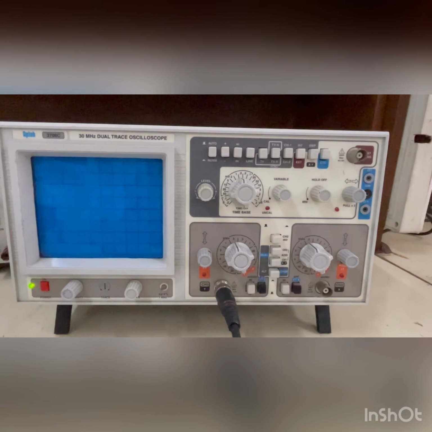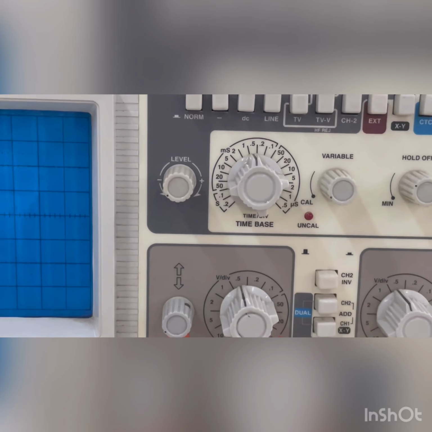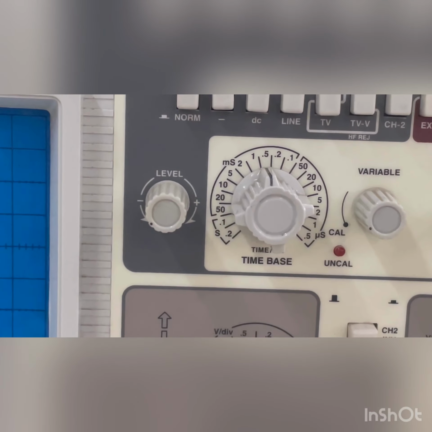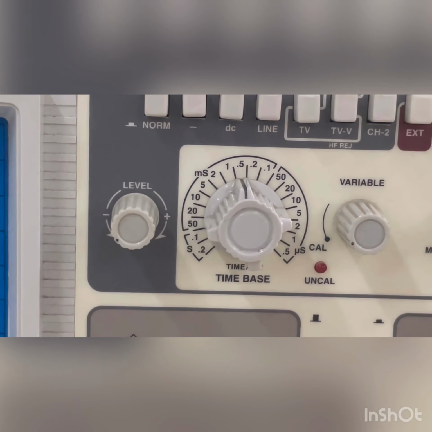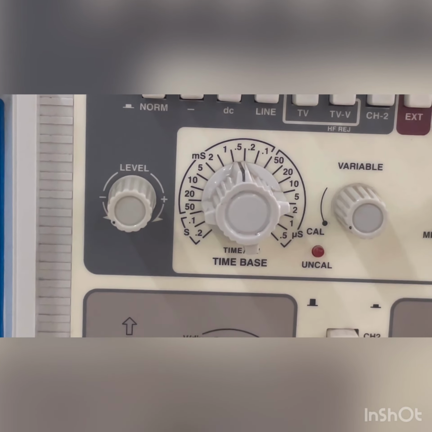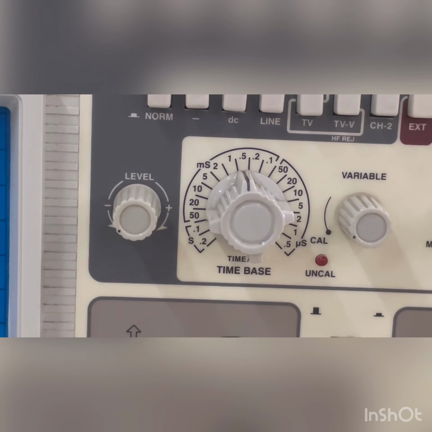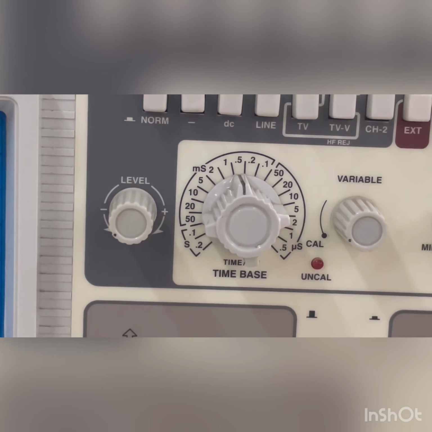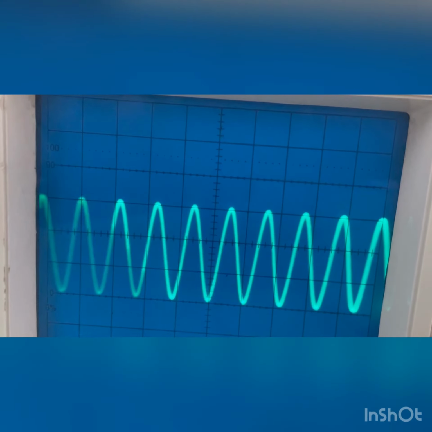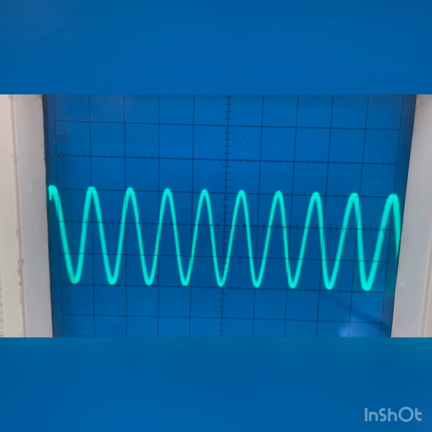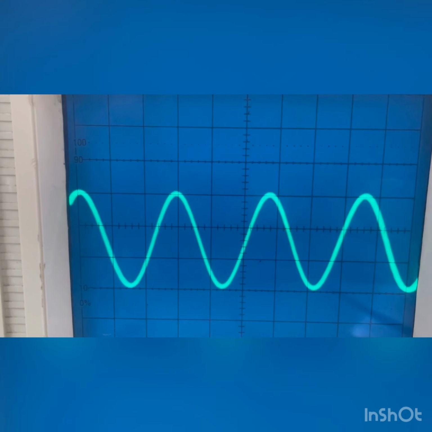The CRO has another knob called time base, meaning time per division, used to measure the time period or frequency of the waveform. When we want to calculate frequency, we first have to find the time period.